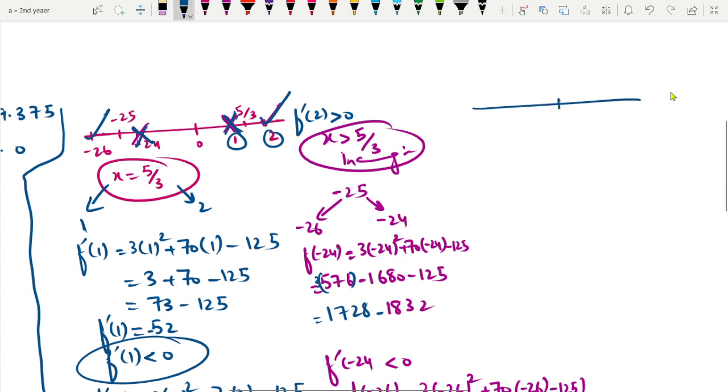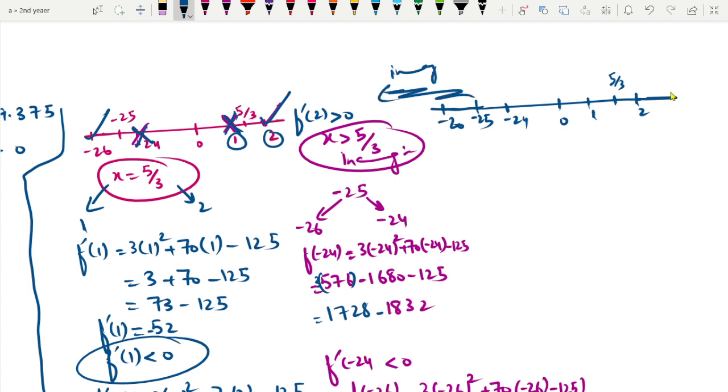So we can write it as: here this is 0, this is 1, this is 5 divided by 3, and this is 2. This is minus 24, this is minus 25, and this is minus 26. Here the function is increasing, and here the function is also increasing, and in this range the function is decreasing.